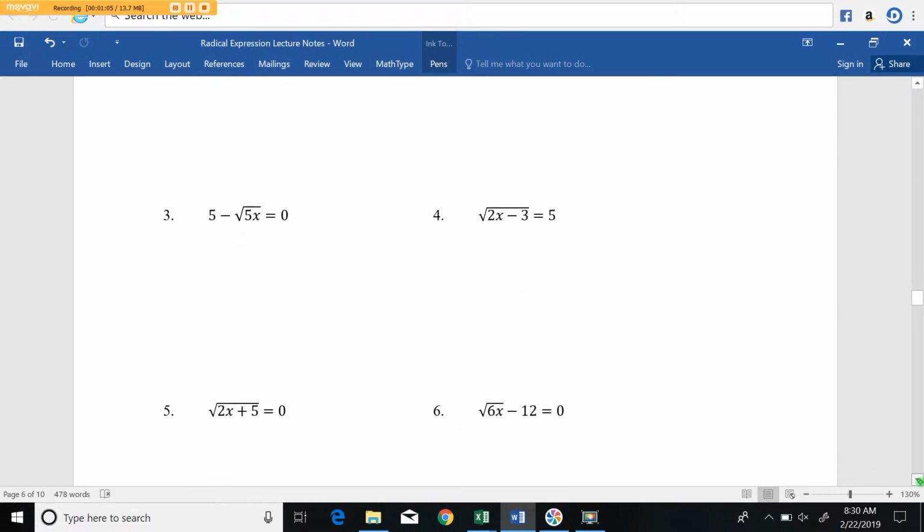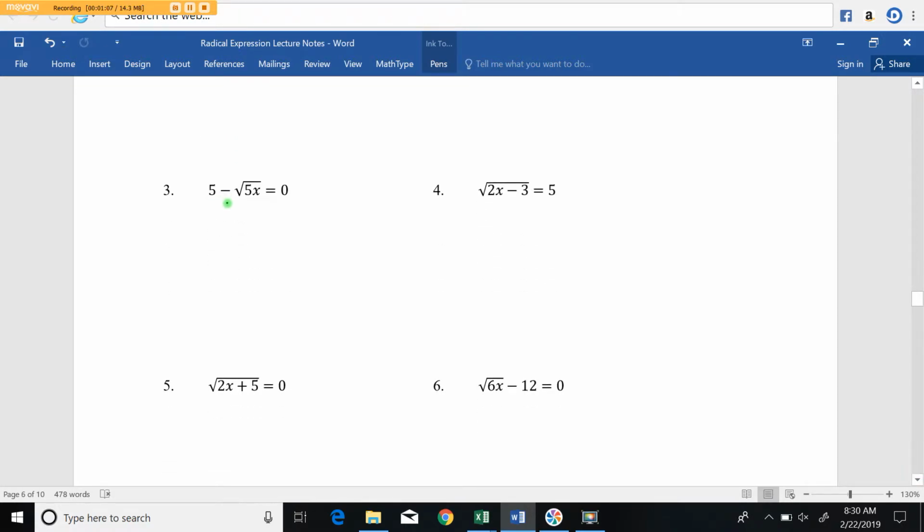Take a look at number 3 here. If we add the root 5x to the right, this is going to read 5 equals root 5x. If we square both sides now, 5 squared is 25, and root 5x squared is 5x.